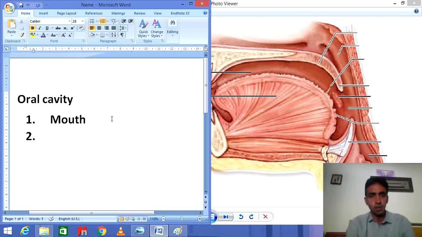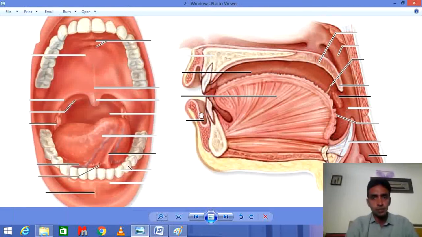Then after the mouth, the space between the teeth. These are the teeth, and these are the lips.